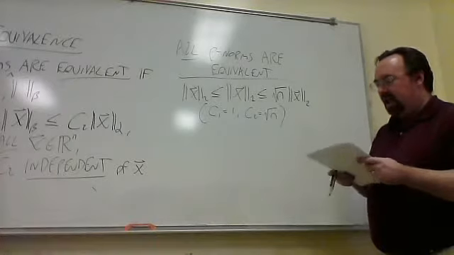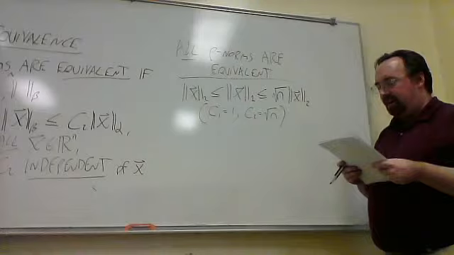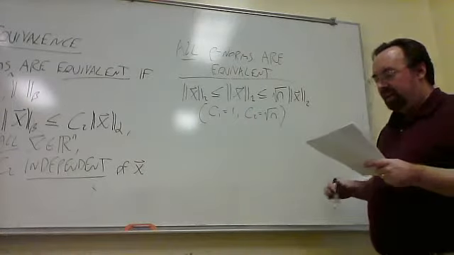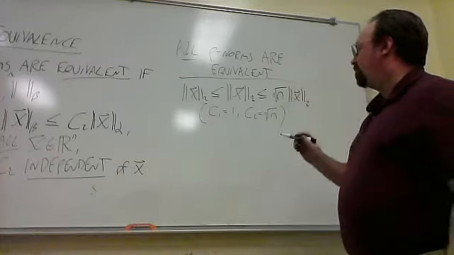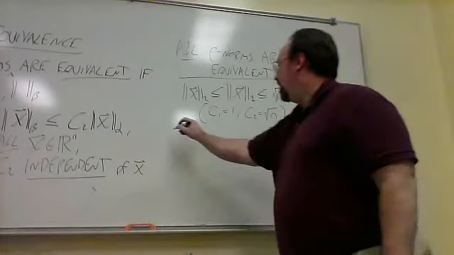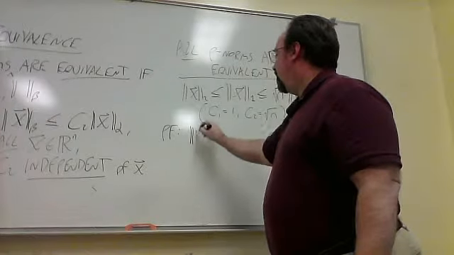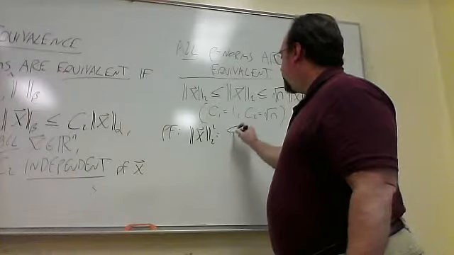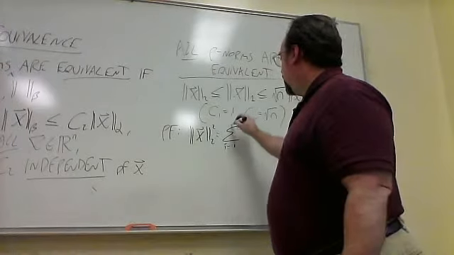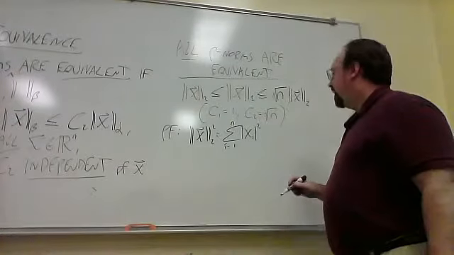Now, I can quickly prove this. So if I look at the 2 norm of x squared, that's just going to be the sum of the squares of the components of x.